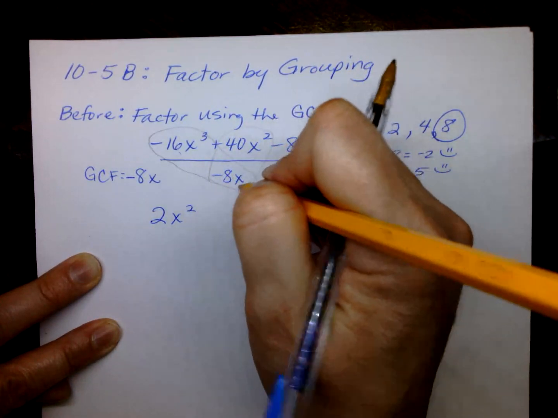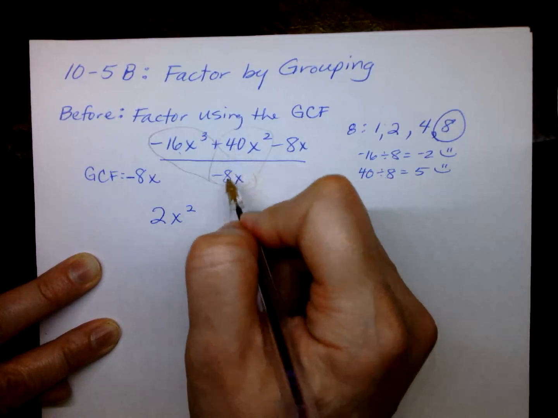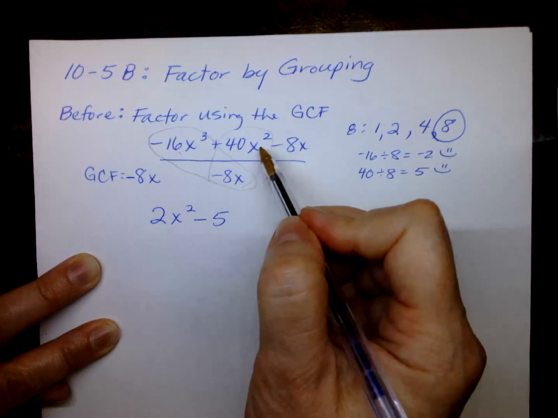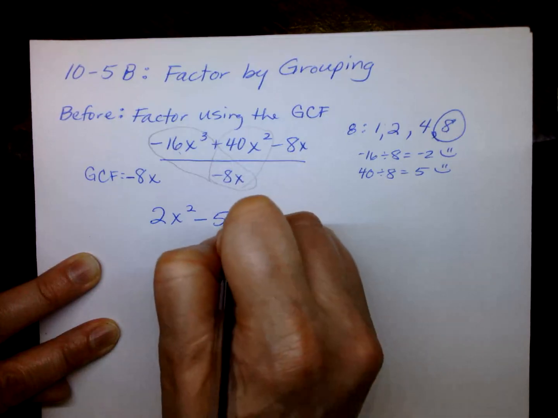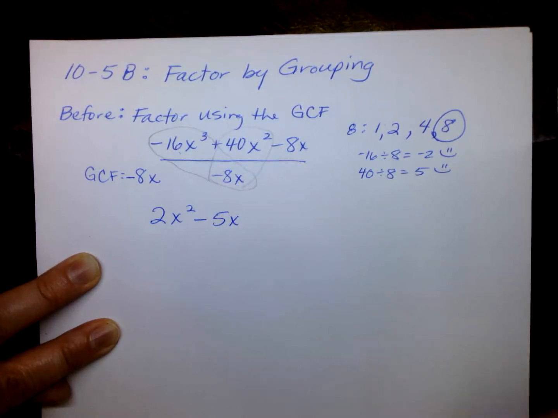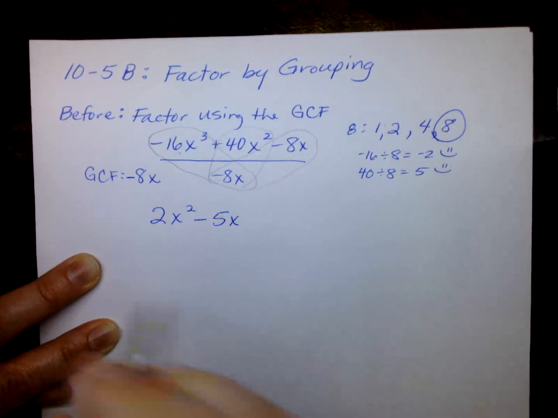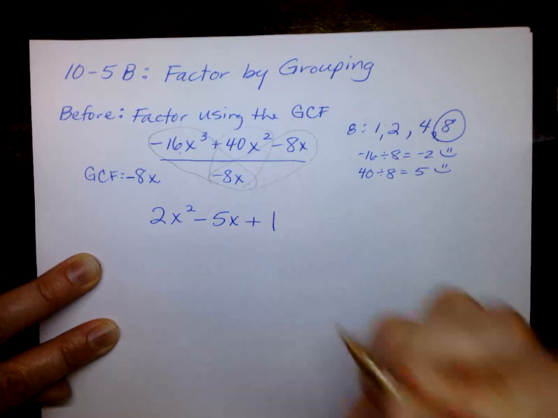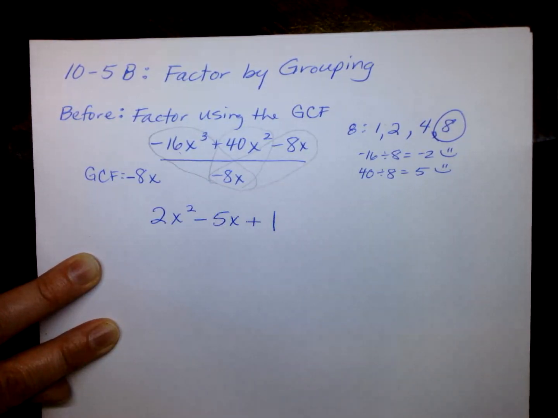Now, positive 40x squared divided by negative 8x. 40 divided by negative 8 is negative 5. And then x squared divided by x cancels off one pair of x's, so there's only a single x left behind. And finally, negative 8x divided by negative 8x, which, anything divided by itself, comes out to be 1. And that is what's left behind after you divide out the GCF.